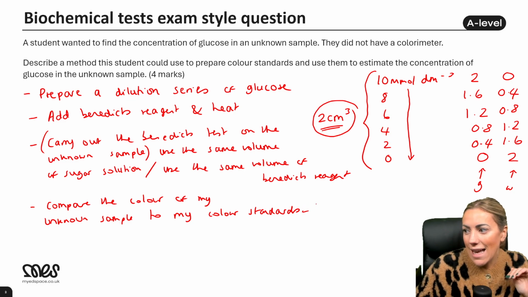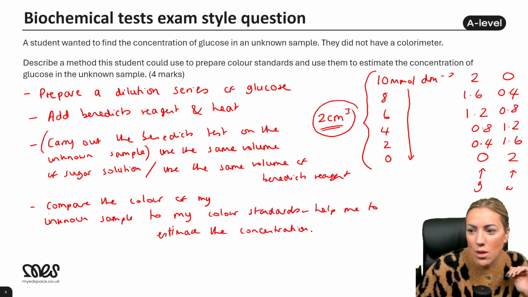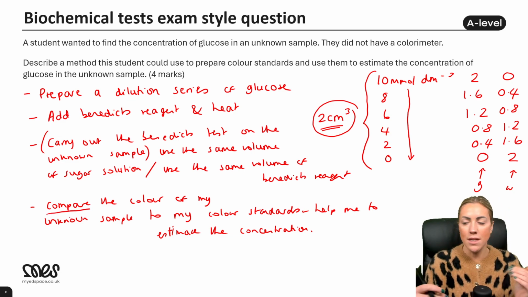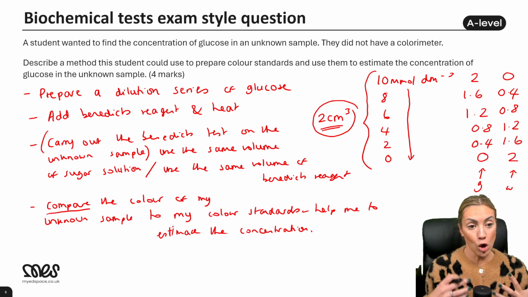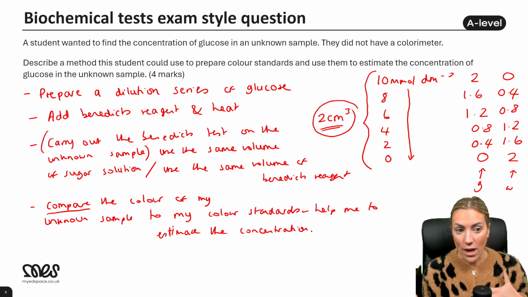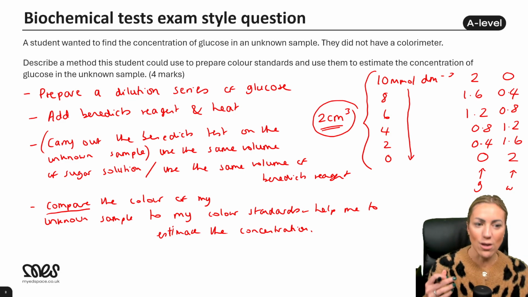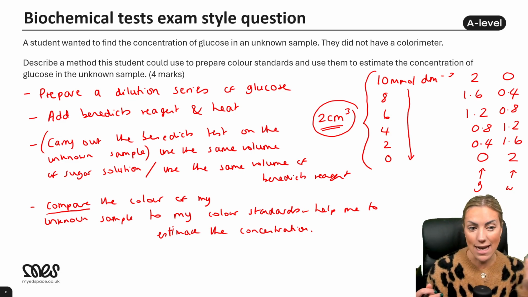And that's going to help me to estimate the concentration. Okay, so I'm using the word compare, which is really important. Comparing my unknown sample and the colour that it went to the colours of my colour standards that I tested in the exact same way.